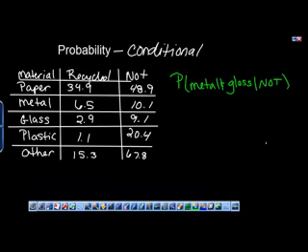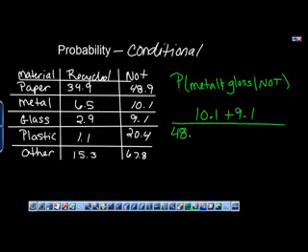So let's take a look at our not recycled. Again, metal and glass together, so we'll take 10.1 plus 9.1, because that is what we want to happen, 10.1 and 9.1, metal and glass, over the parts that were not recycled. 48.9 plus 10.1 plus 9.1 plus 20.4 plus 67.8.